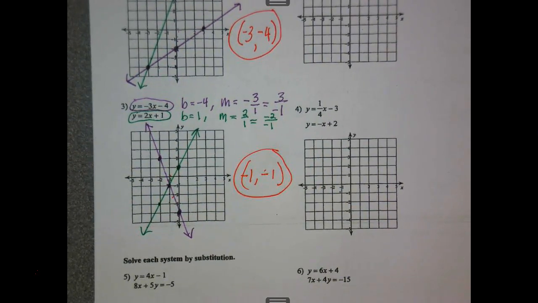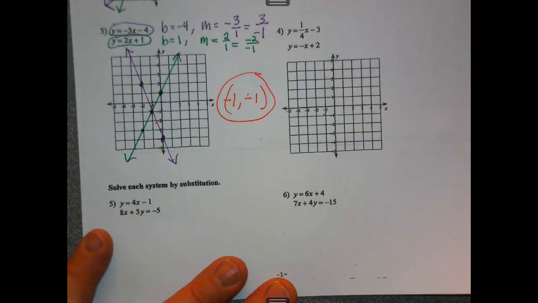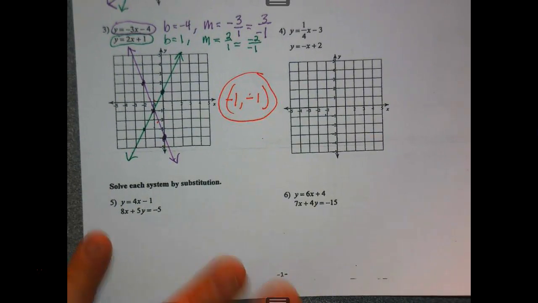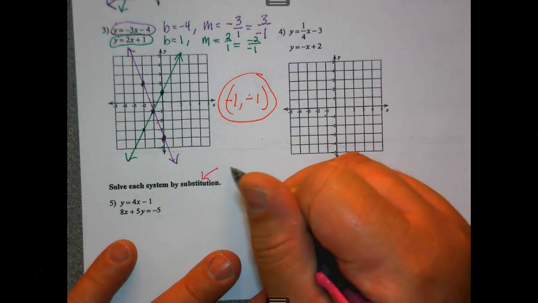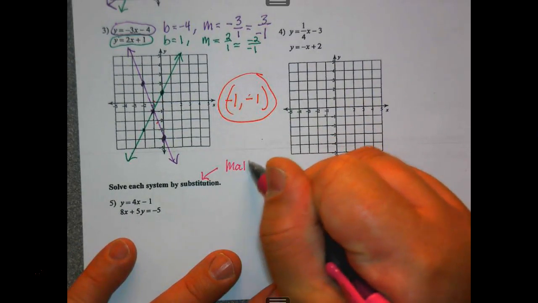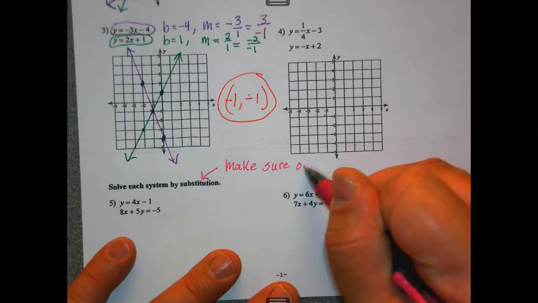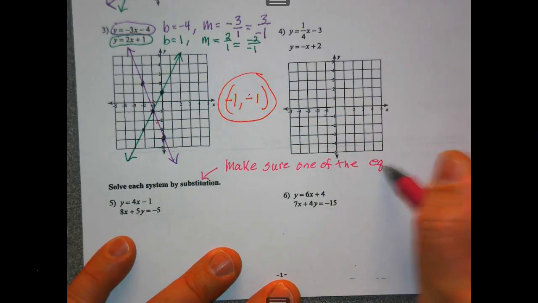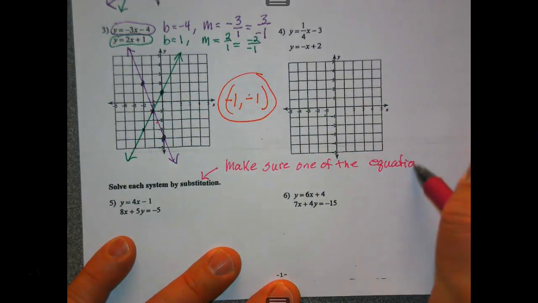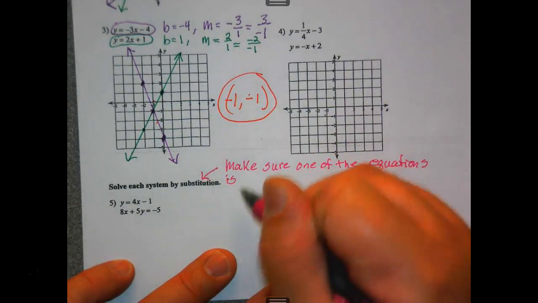Okay, number 5. It says solve by substitution. Now the key here, substitution, is to make sure one of the equations is solved for a variable.